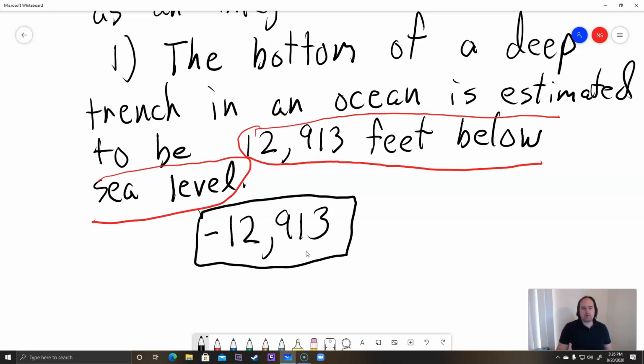With these problems, you take the number they give you and decide whether it should be negative or positive. It does involve some reading. In general, if it's below 0, a loss, or a debt, that's negative, whereas above 0, a gain, or a profit is positive.